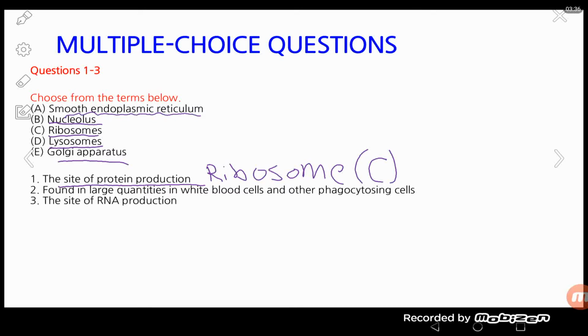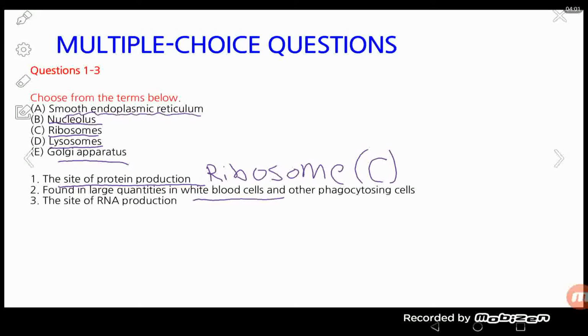Found in large quantities in white blood cells. Guys, white blood cells' function is protecting our body from microorganisms, from parasites, from bacteria, from viruses. So they should contain enzymes that are fighting and digesting those microorganisms.